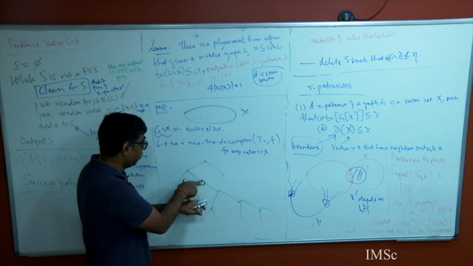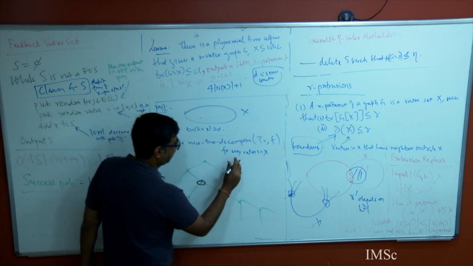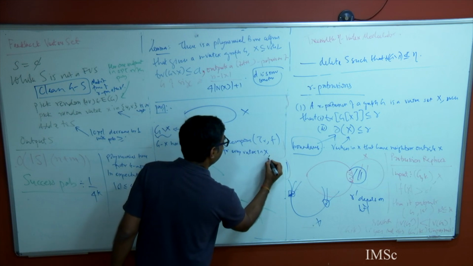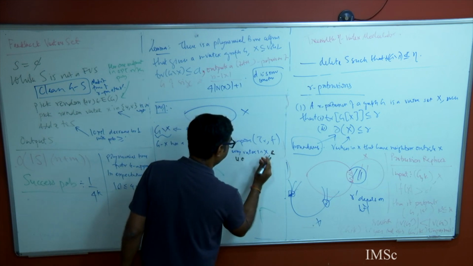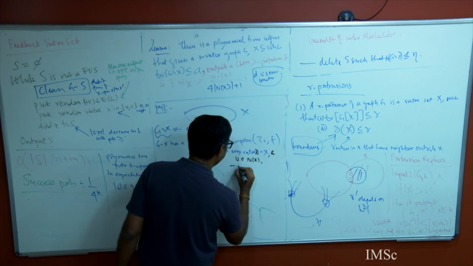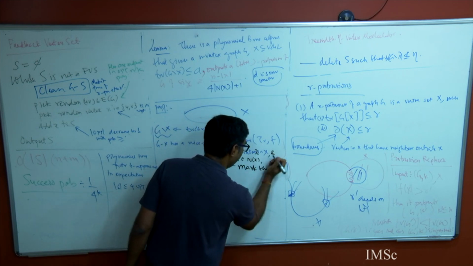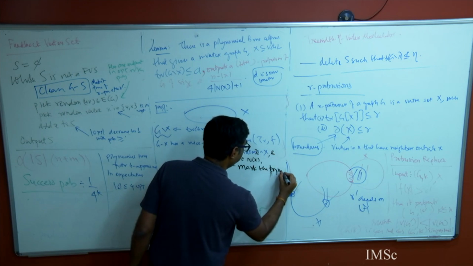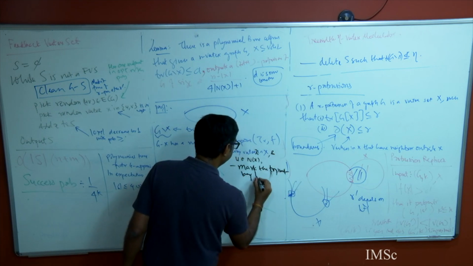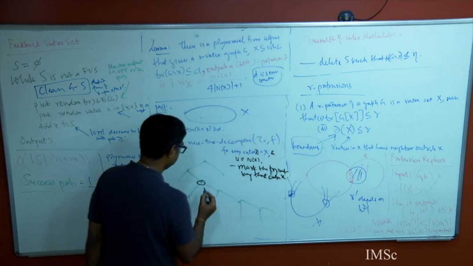It means the bag which is closest to the root. So for every vertex x in X and u in the neighborhood of x, mark the topmost bag that contains u.